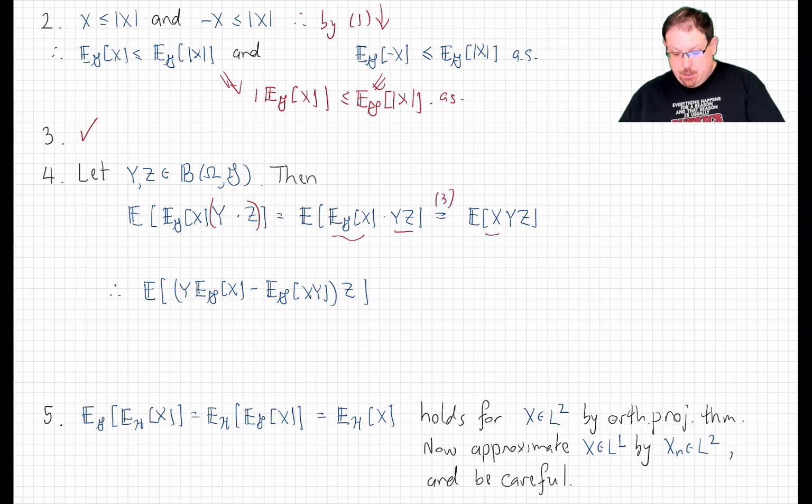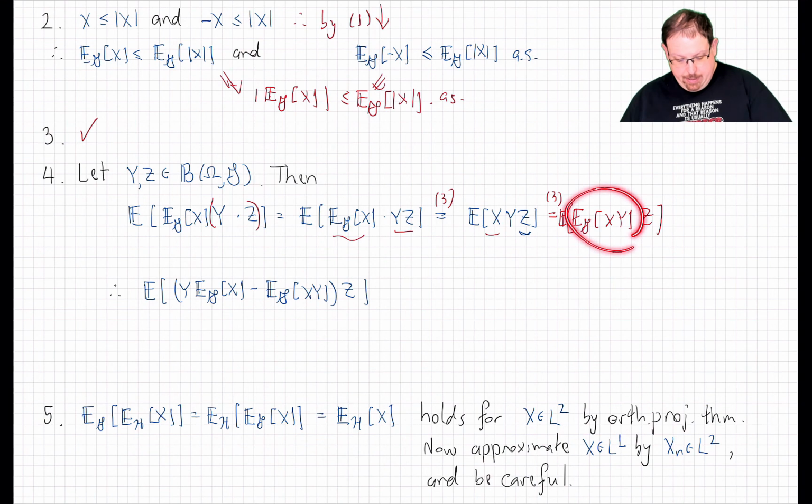But now let's apply point 3 with z taken separately as the G measurable function, and that will equal the conditional expectation given G of xy times z inside the expected value.